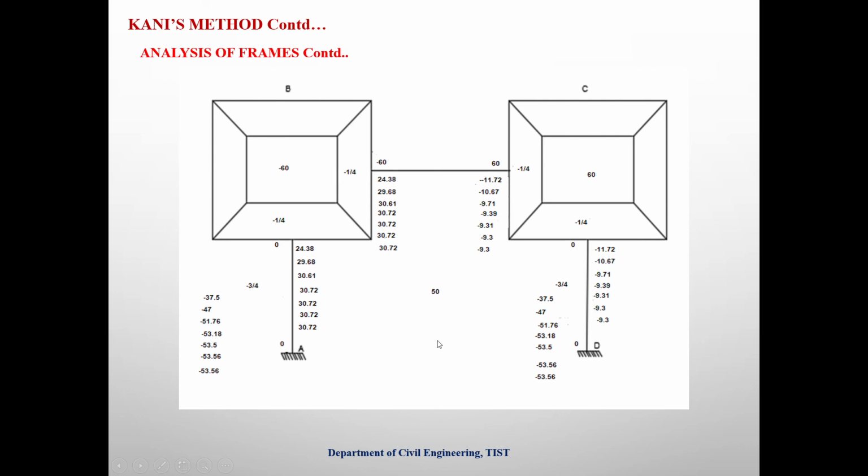That value into minus 3 by 4 will be here. Then story moment plus rotation contributions here, here, here and here. Then we will get a particular value, and that value into the displacement factor will give the displacement contribution.